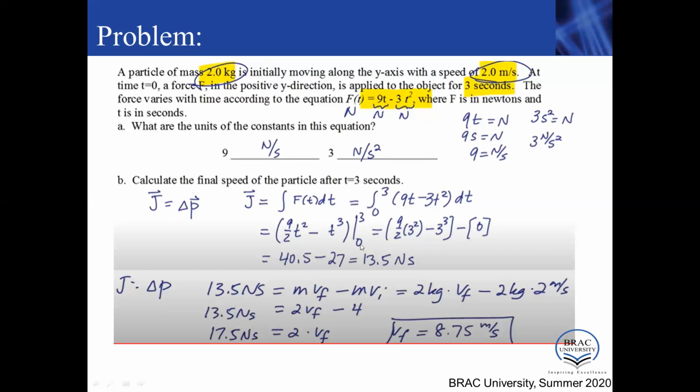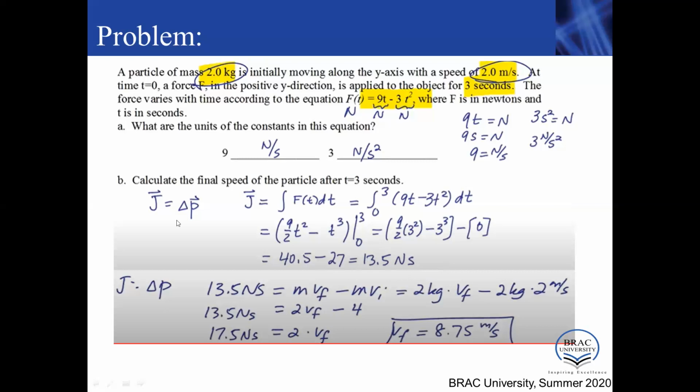So this is equal to 9 by 2 times 3 square minus 3 cube for the upper limit, minus the lower limit, if we put t equal to 0, in both cases the answer is 0. If you put 0 in t square, answer is 0. If you put 0 in t cube, answer is 0. And finally the answer is 40.5 minus 27 is equal to 13.5 Newton second. So this is the impulse, 13.5 Newton second.